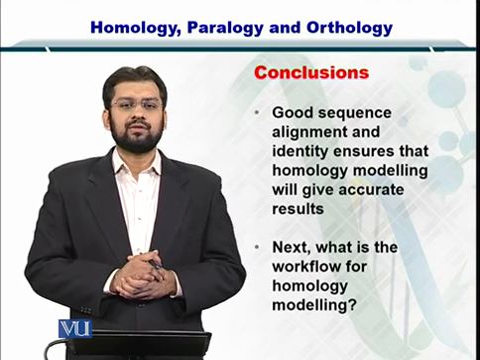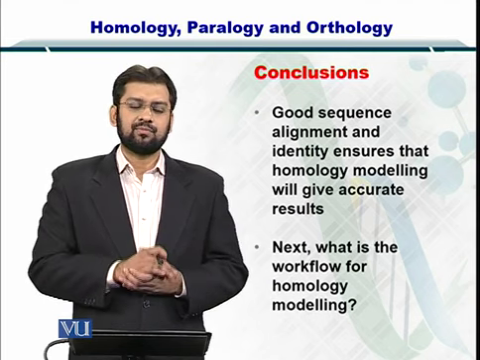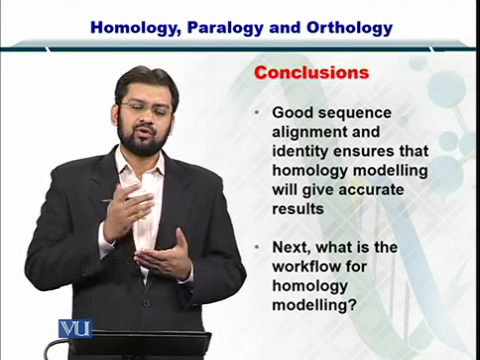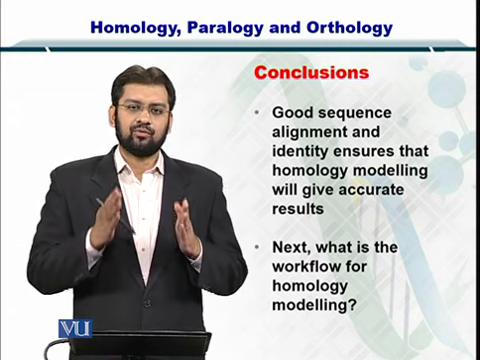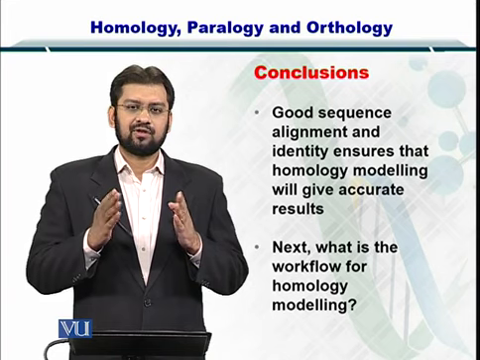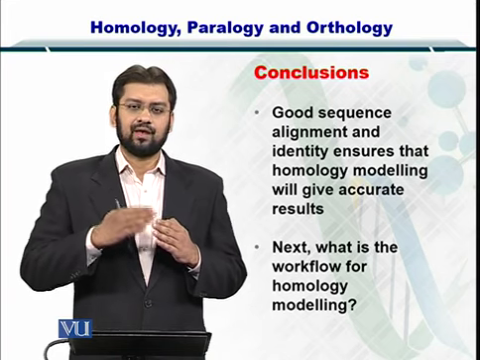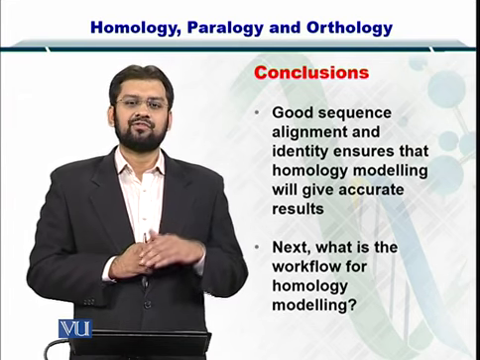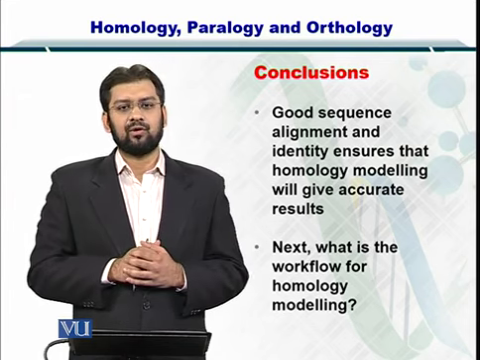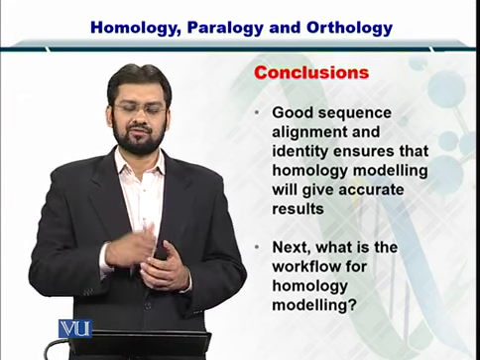So in conclusion, before we proceed with homology modeling, we need to have good alignment length and good sequence identity. So if on both of these fronts we have a high score, then we can proceed with homology modeling. Otherwise, there are some other techniques that we need to employ towards predicting the protein structure.